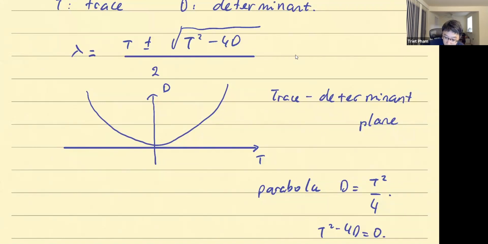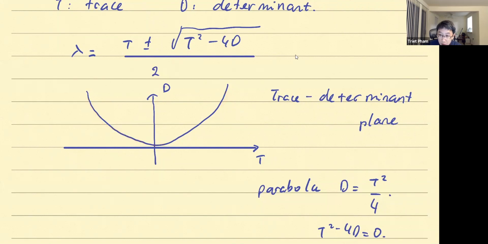Negative. Yep, because D is bigger. D is the y-axis. So this is negative. So this is where you have the complex domain, and here is where you have the real domain. So that's one boundary that you want to pay attention to.